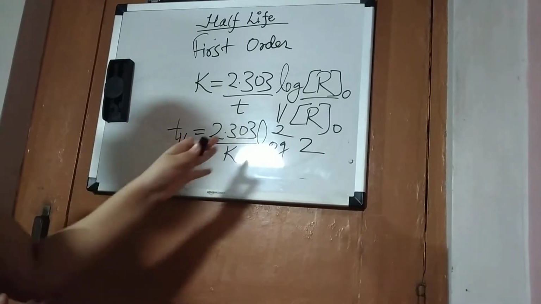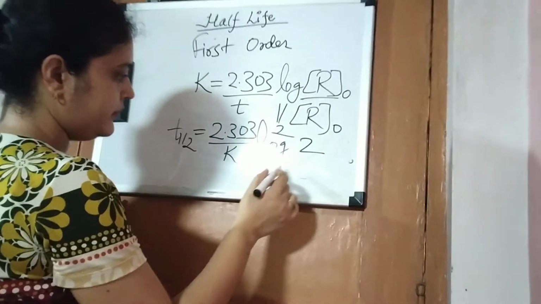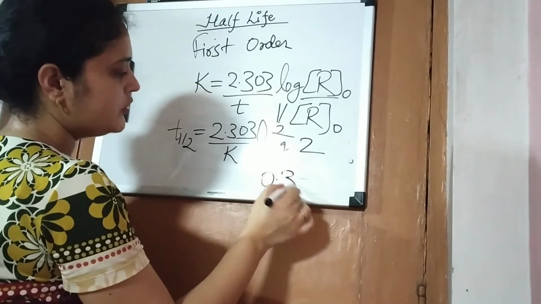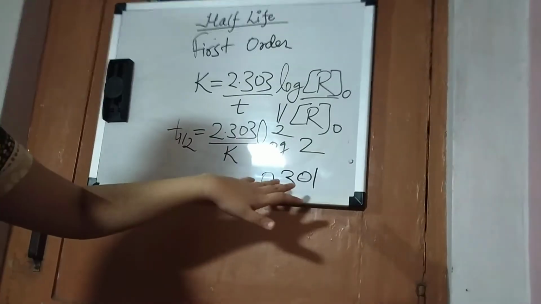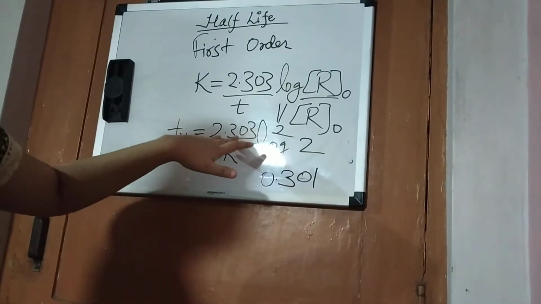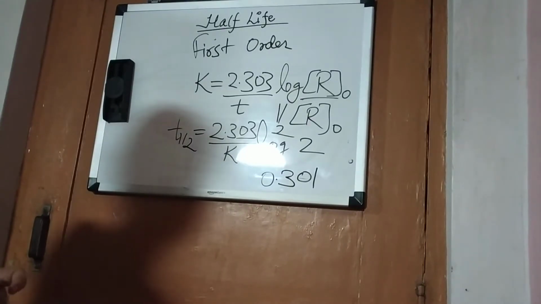Now you know log 2 is 0.301. So log 2 value will be multiplied by 2.303, and it will come out to be 0.693.